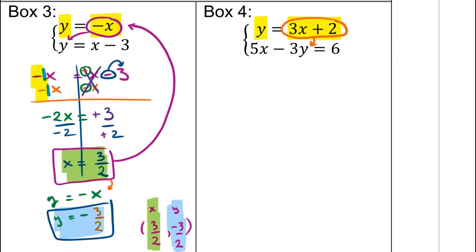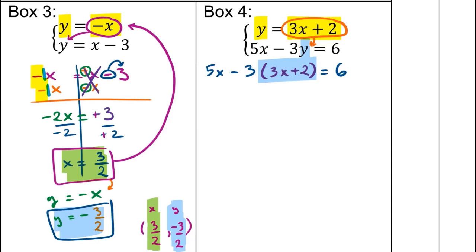So we still start with 5x minus, and instead of y, you're going to put 3x plus 2, equal to 6. Okay, take a second, pause the video, make sure that you understand what I just did. I used the first equation and plugged it into the second equation. Alright, it's not hard to answer this question.